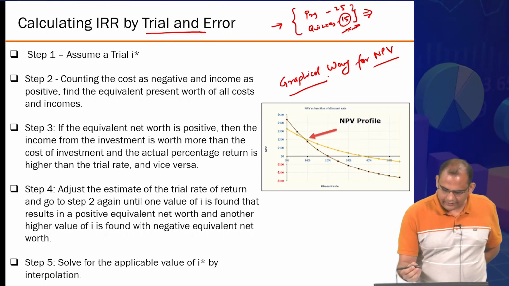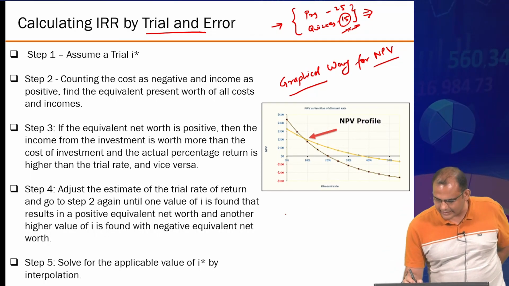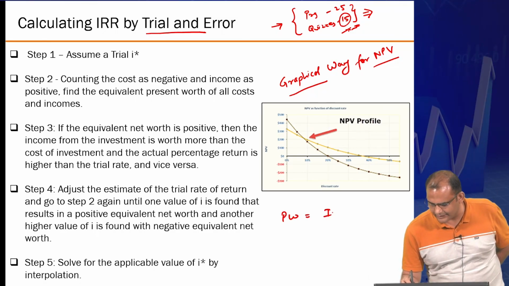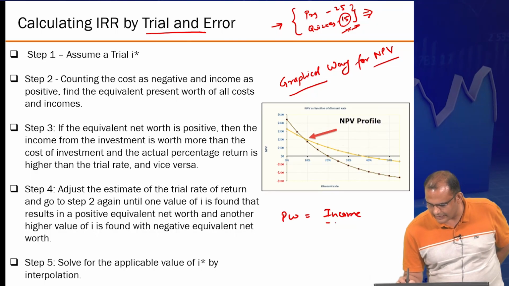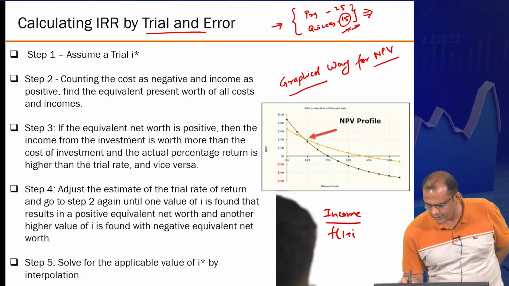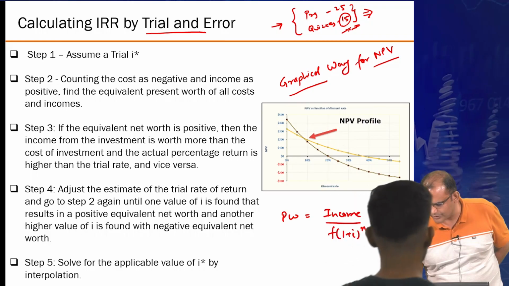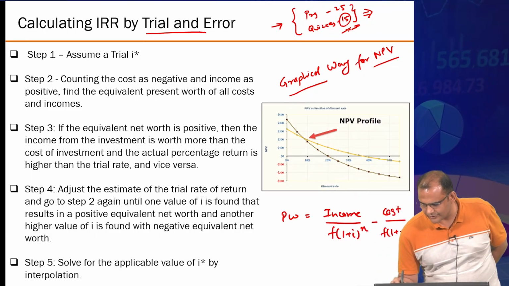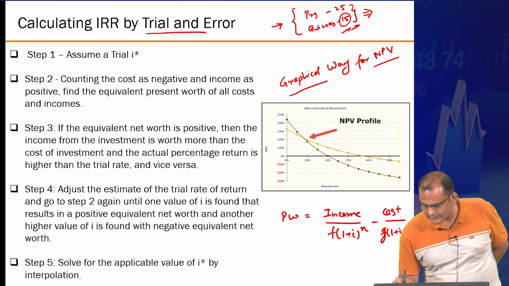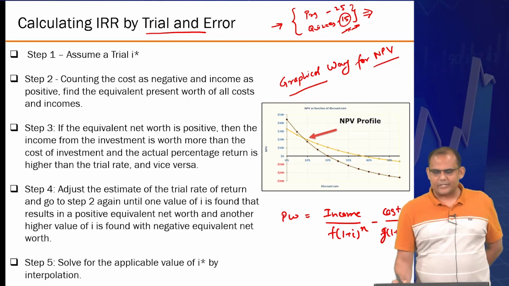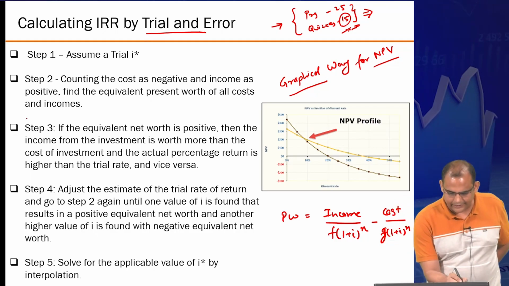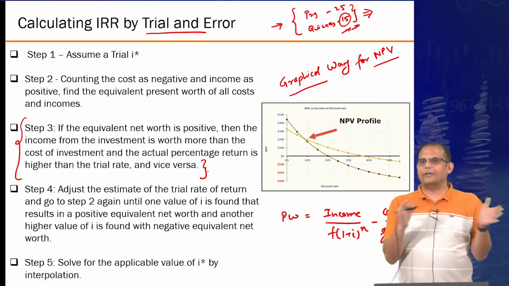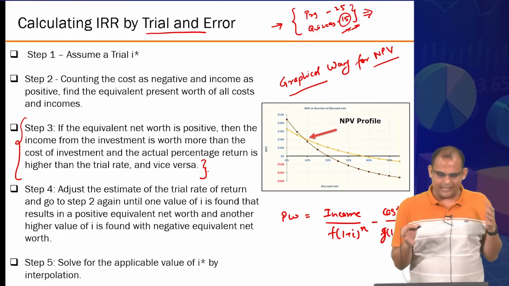So in trial and error, the main idea is that your present worth is a function of, let's say, your income, some polynomial function of the interest rate, and then you have cost, some polynomial function of i. The idea is pretty intuitive regarding which way to move when you are doing the analysis by trial and error.